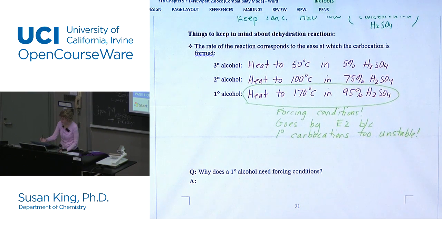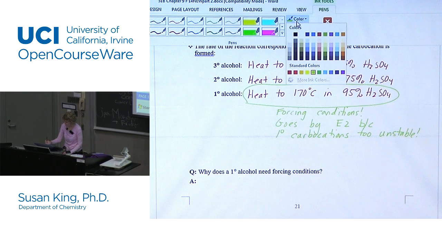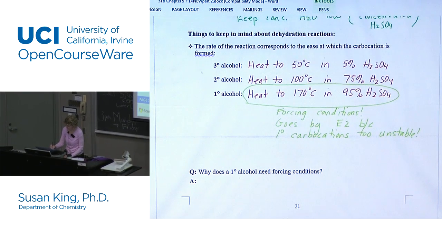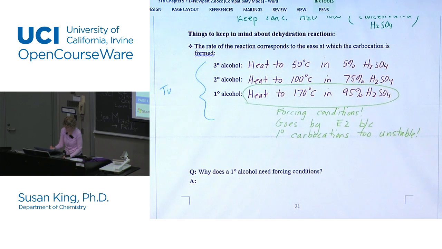All right, so let's just label this, because when you come back and look at this page, you're going to think, oh, do I have to memorize that? Typical reaction conditions, don't memorize. And so we already answered the question, why does a primary alcohol need forcing conditions?